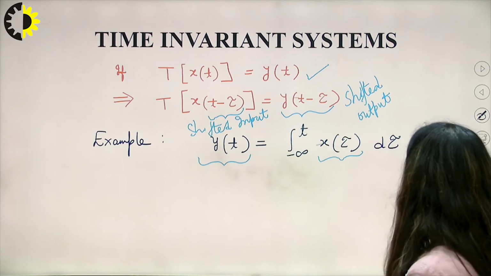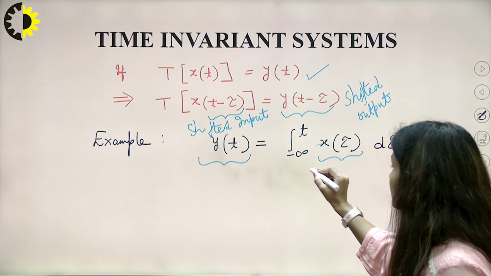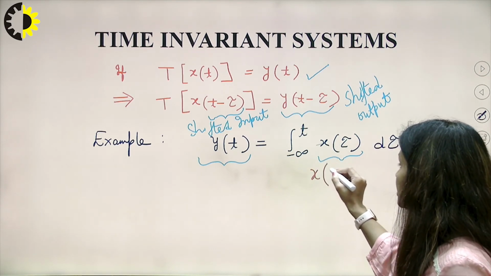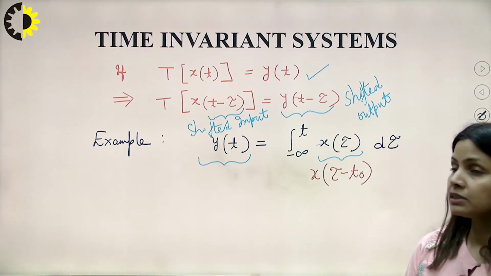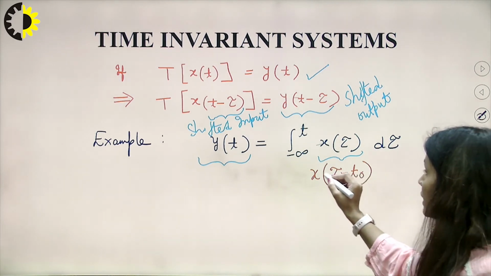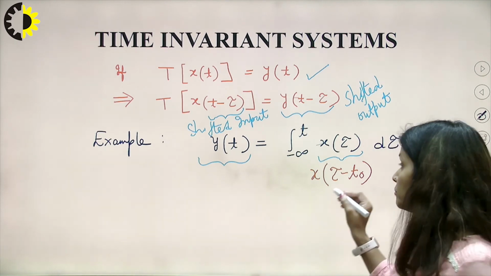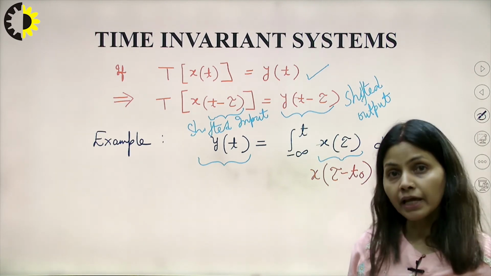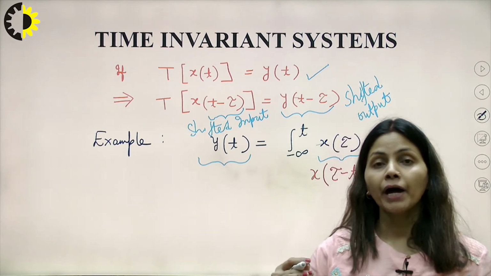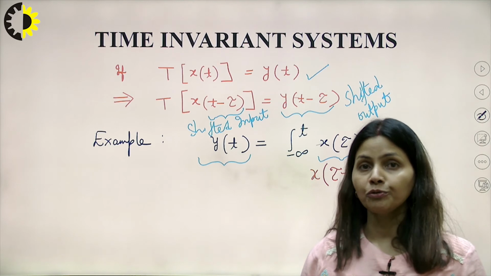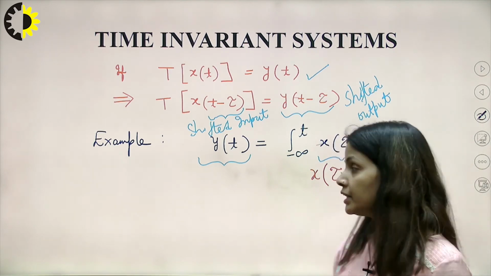The concept is that if I shift my input by t naught, then my output should be shifted by the same time unit. Then I can say that my system is a time invariant system.